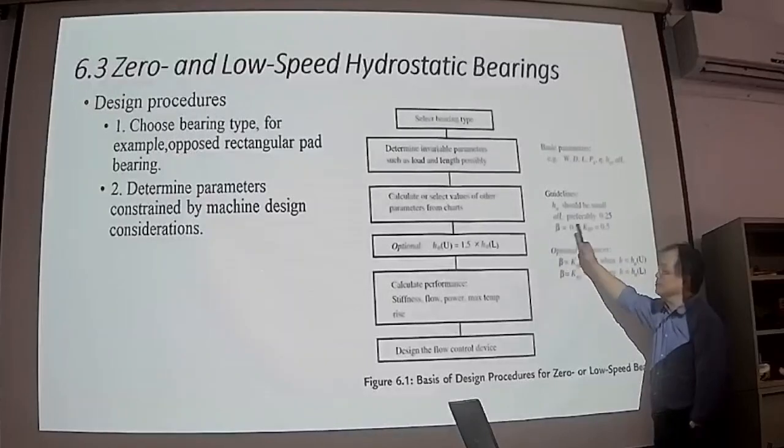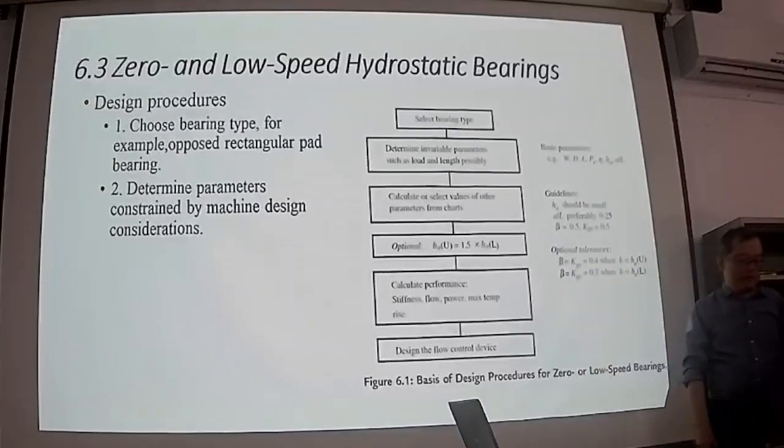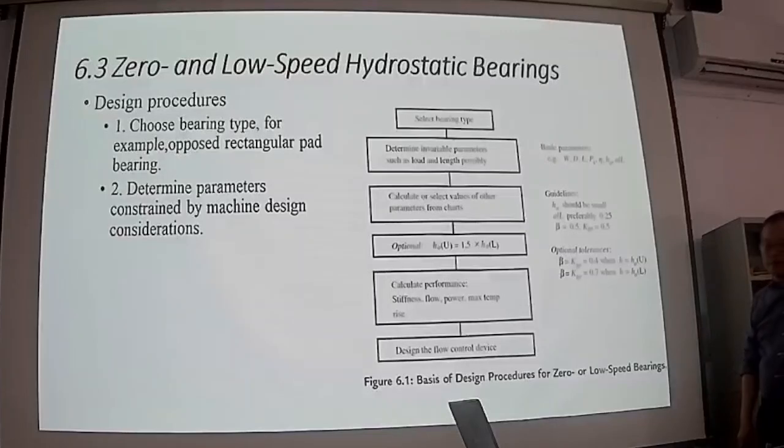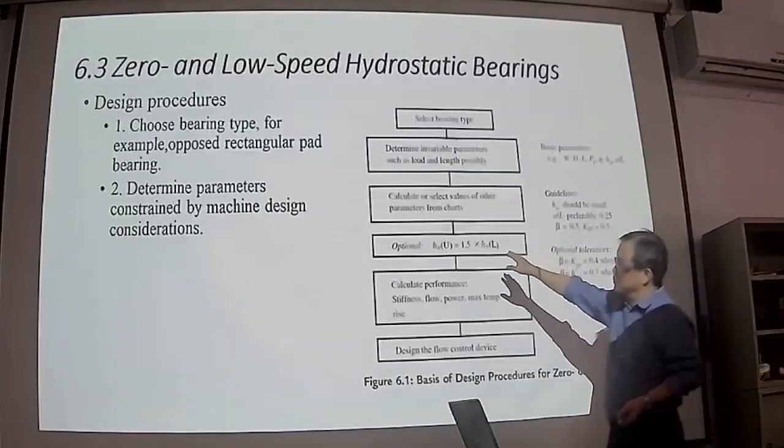It's the same definition using different symbols, but it's the pressure ratio: recess pressure divided by supply pressure. And then after the final assembly, you will know the actual film thickness.